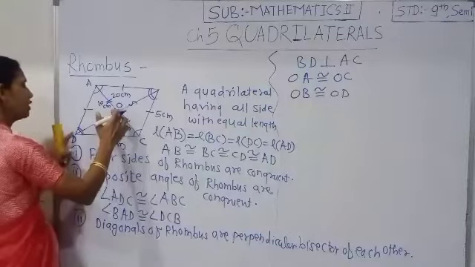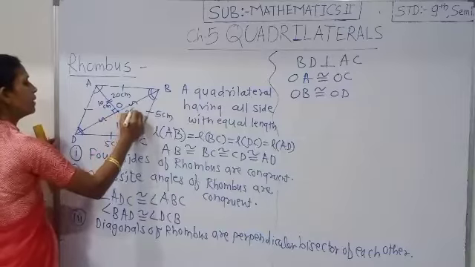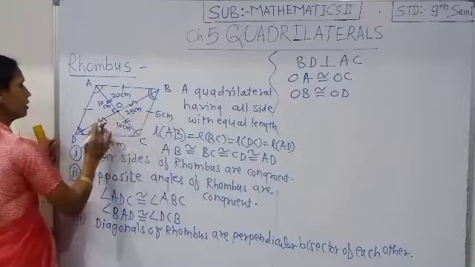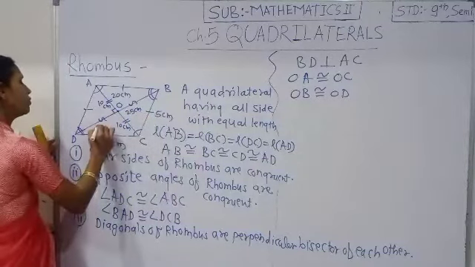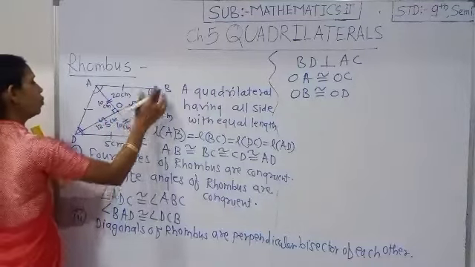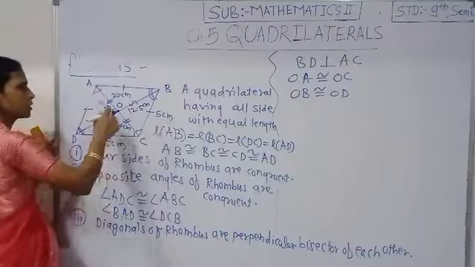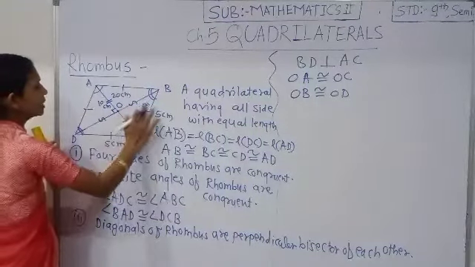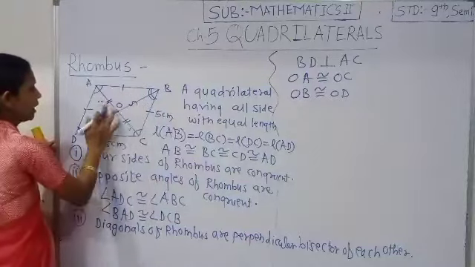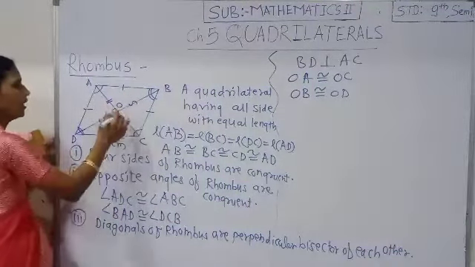If BD is 25 cm, then OD is 12.5 cm and OB is also 12.5 cm. That means the diagonals bisect each other, and the diagonals of a rhombus are perpendicular to each other.